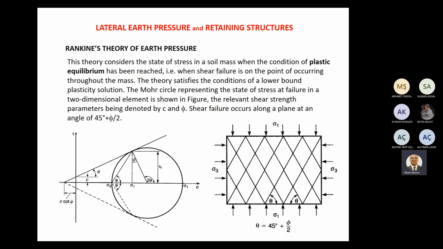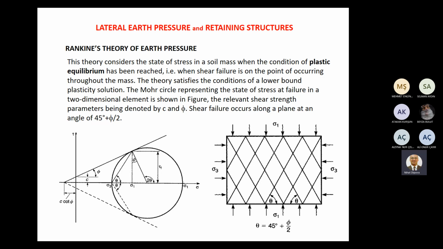When shear failure is on the point of occurring throughout the mass, not on one single plane, throughout the mass. This theory satisfies the condition of a lower bound plasticity solution.